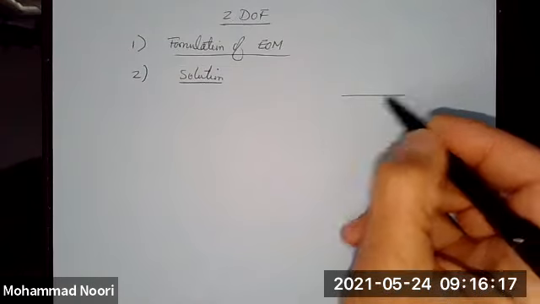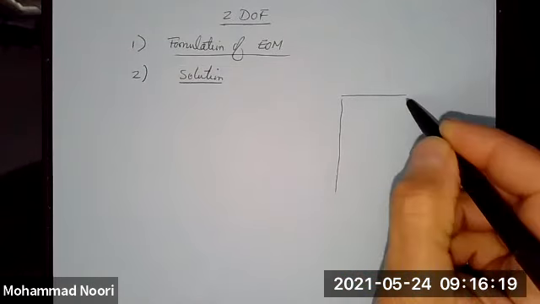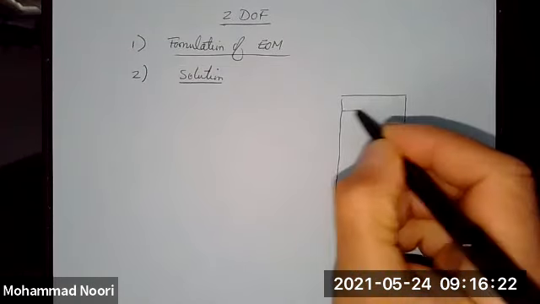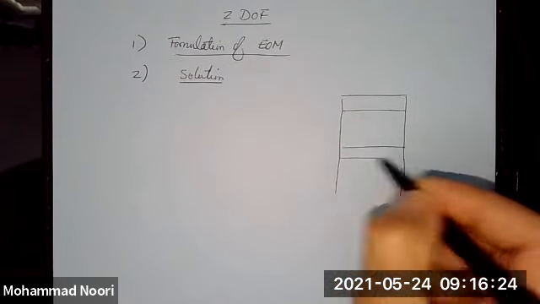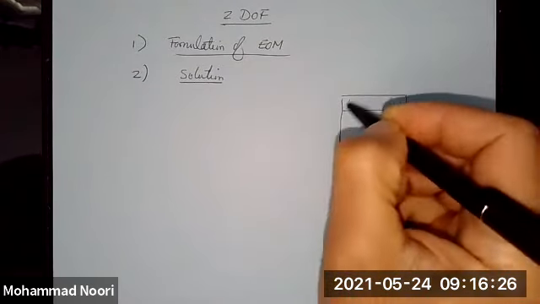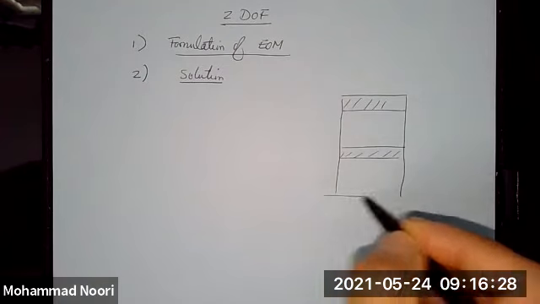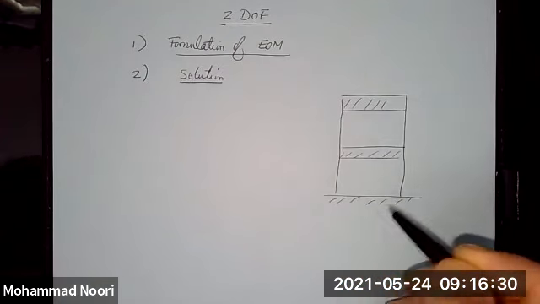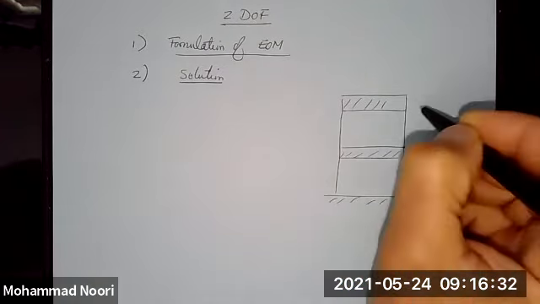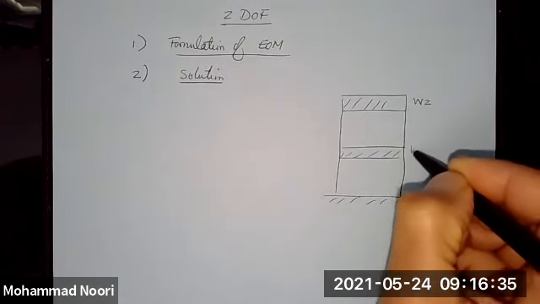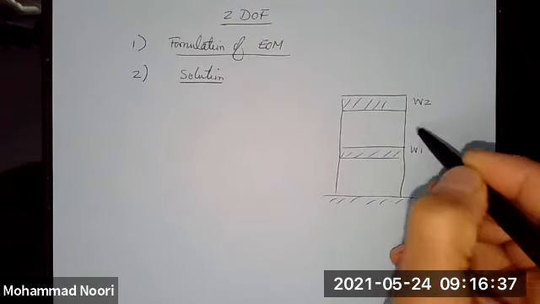The first example is a structural problem. The second one is a mechanical system, to be fair to everybody. So let's say you have a 2-story building. The weight of the 2 floors are given.